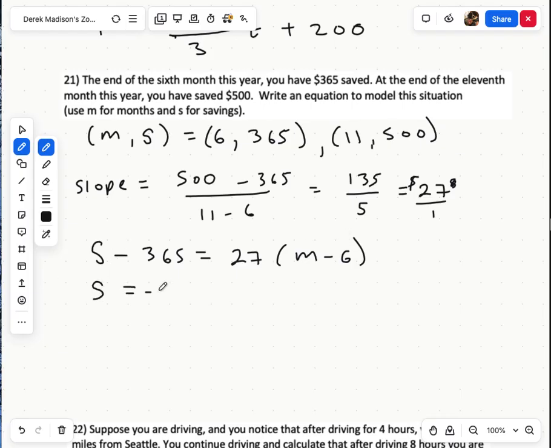So s equals negative, oops, not quite yet. S minus 365 equals 27m, and then that will be minus 162. And then from here we'll just add over the 365.